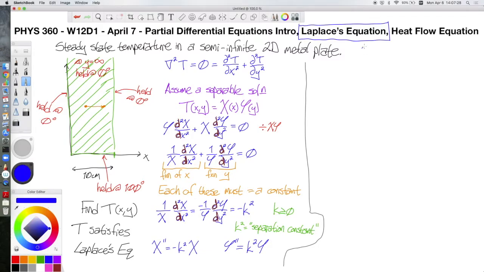For X, we have two possible solutions: one of them is sine of kx, and the other one is cosine of kx. And for Y, we also get two possible solutions: e to the ky and e to the negative ky.